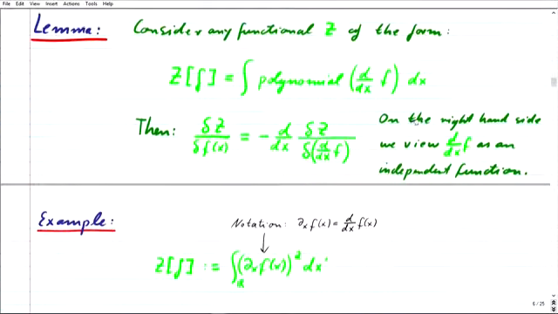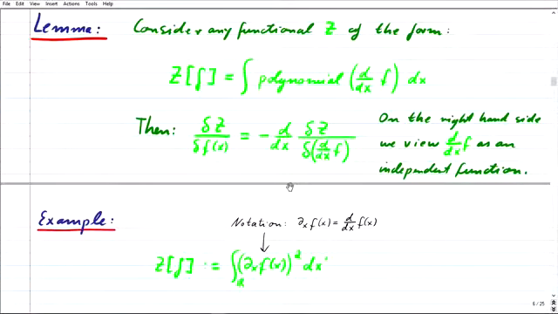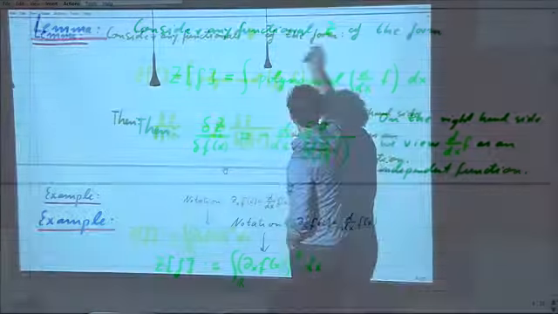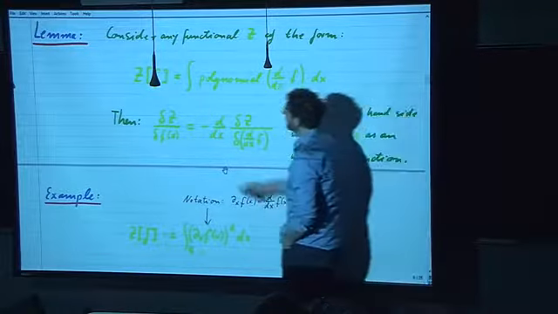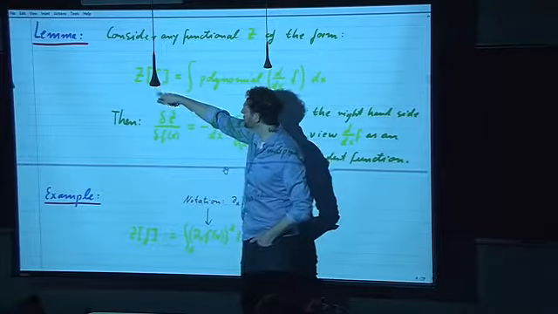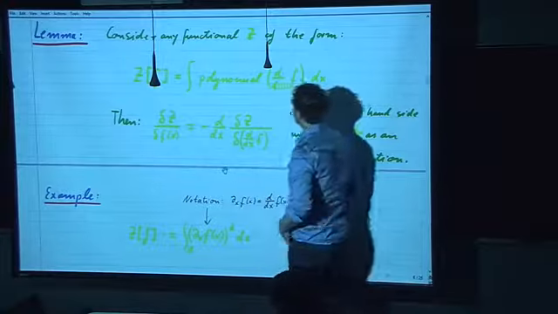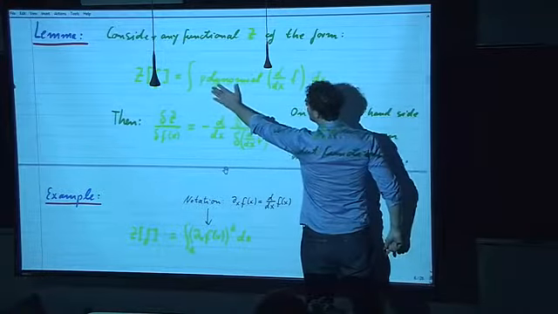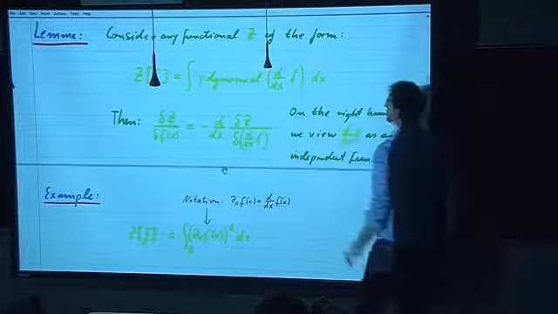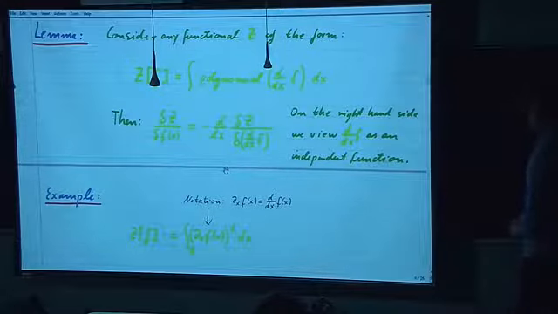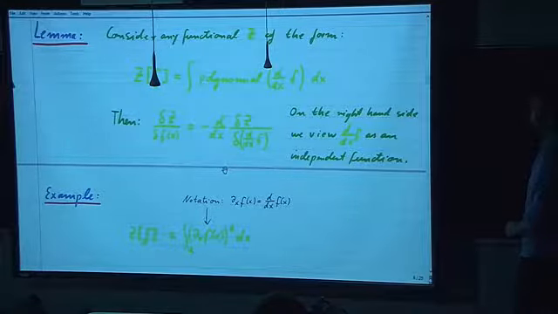So here's a lemma. Consider any functional z of the form that z feeds on a function f, puts out a number, and our functional is a polynomial in the derivatives of the argument.